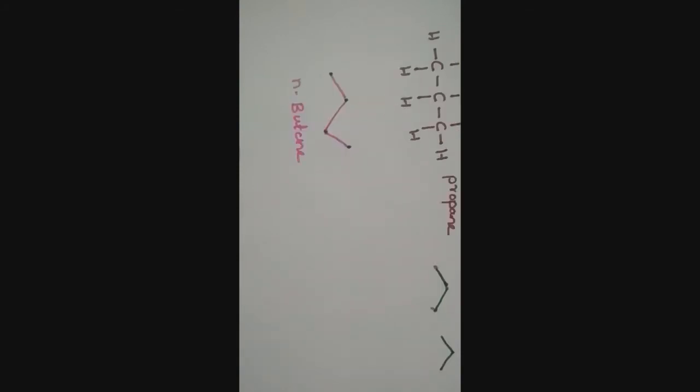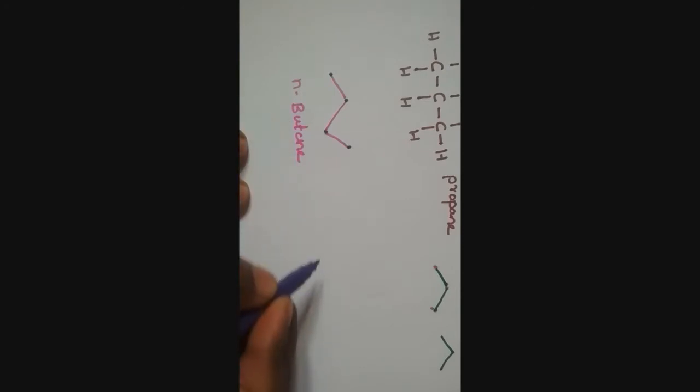When we come to butane, how many carbons are there? There are 4 carbons. You can put 4 dots like this and join them together. This is butane, that is n-butane. It is possible to change the structure of n-butane.